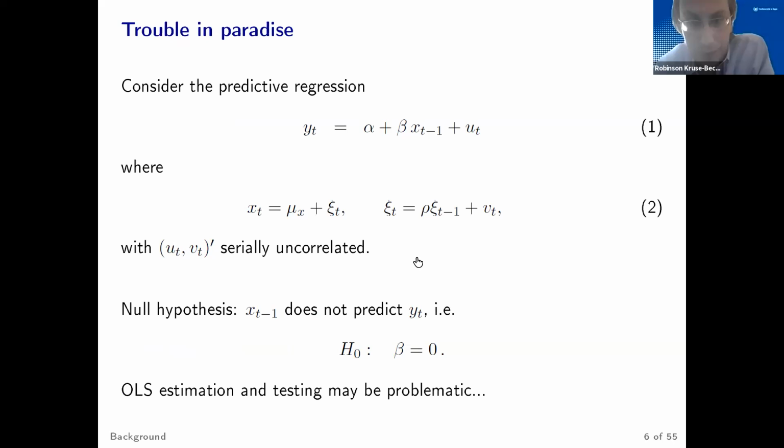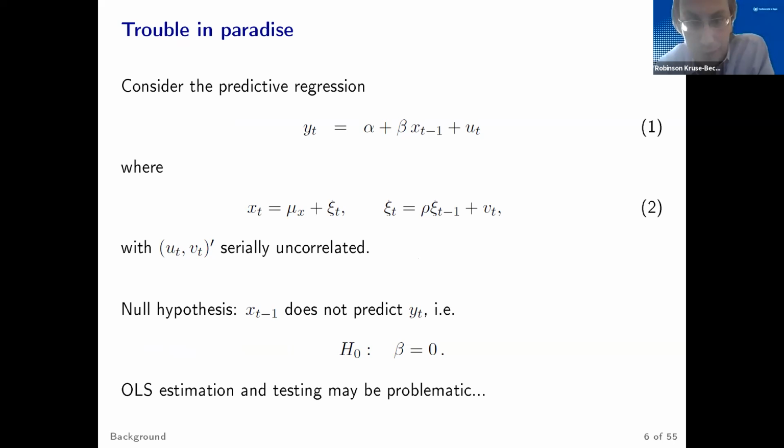And X_t is generated as an autoregressive process, with innovations to this autoregression that are important to consider in connection to the regression disturbance u_t.